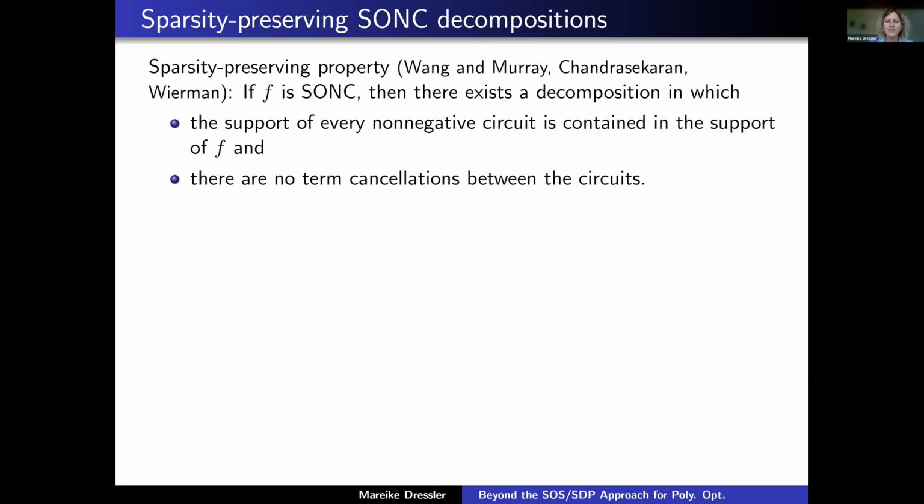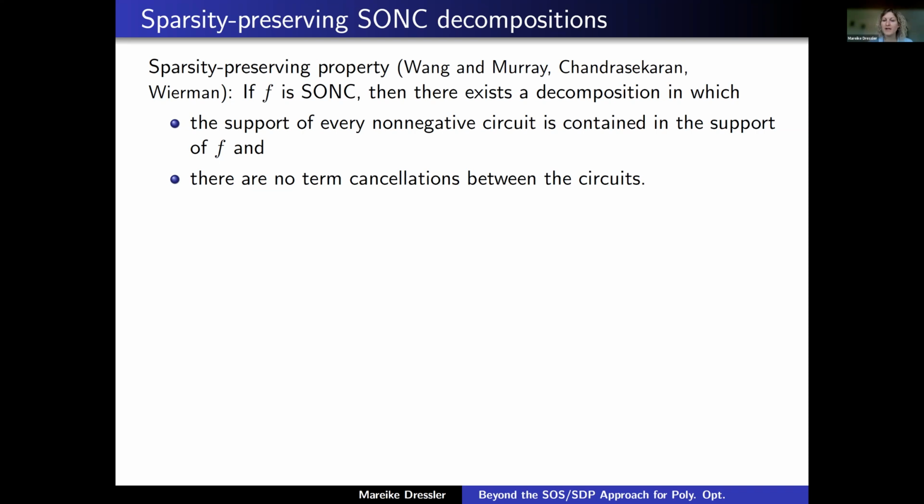And secondly, I would like to mention the best feature, I would say, of this SONC cone, namely the SONC decompositions are sparsity preserving. What do I mean by that? I mean that if a polynomial is SONC, then there exists also a decomposition in which the support of every non-negative circuit polynomial is already contained in the support of f, and there are no term cancellations between the circuits.